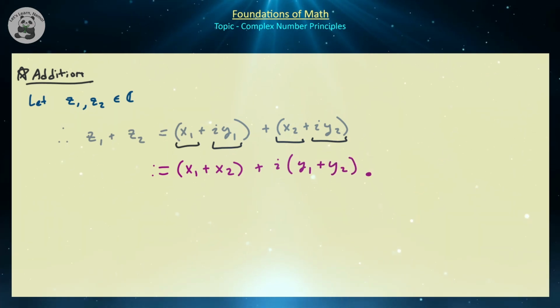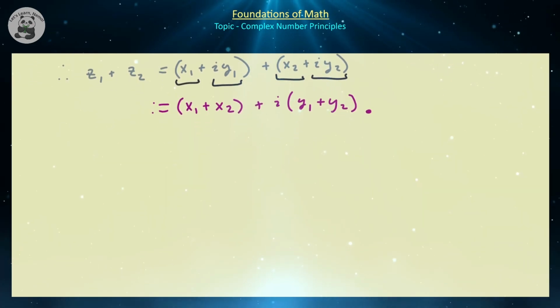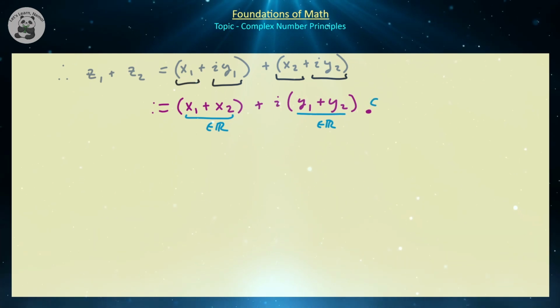So this is how we're going to add complex numbers. We're going to add the real parts, we're going to add the imaginary parts, and that is going to be our new complex number, because two real numbers added together is a real number. So we have a real number plus i times a real number, so this is obviously an element of C, i.e. C is closed under addition, is what we say.